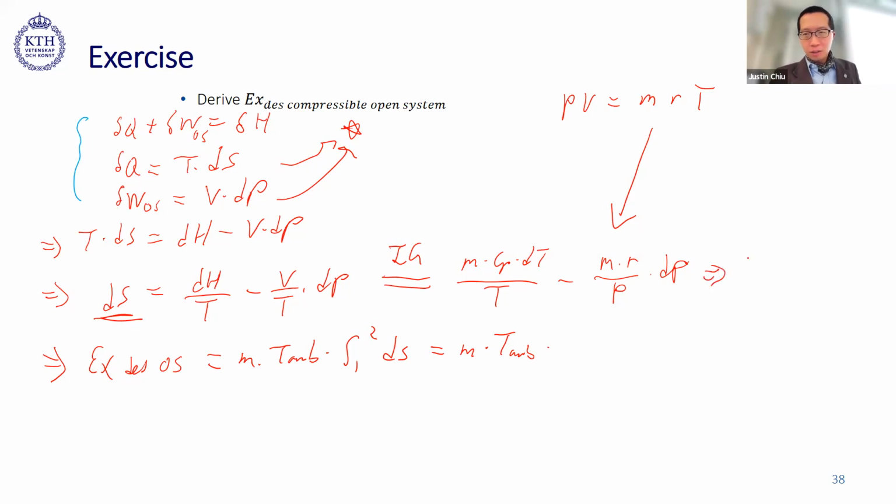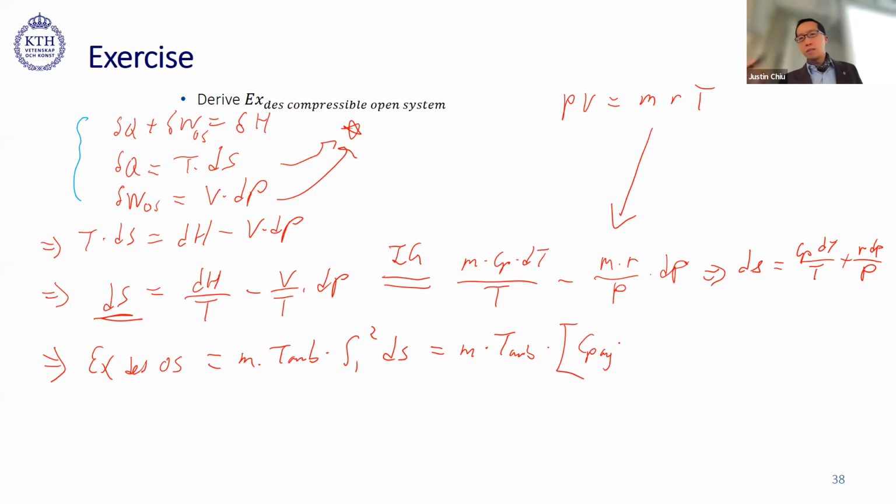So here, let me just rewrite it. The small s is Cp dT over T plus R dP over P, right? This is specific entropy. So now I'm integrating this one, and I assume my Cp is a constant, just to simplify it. This would give me Cp, the average one.